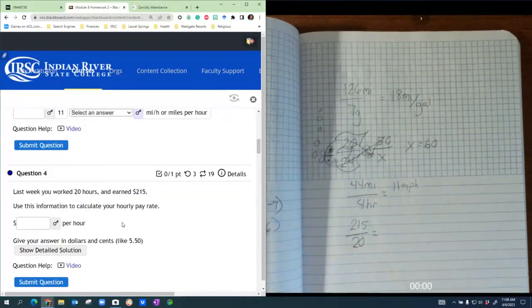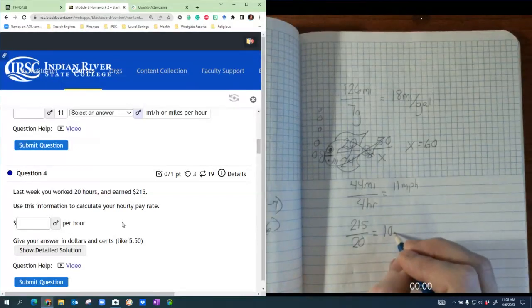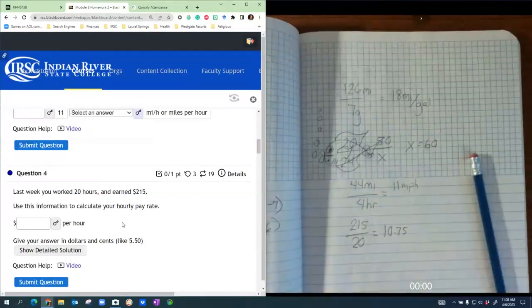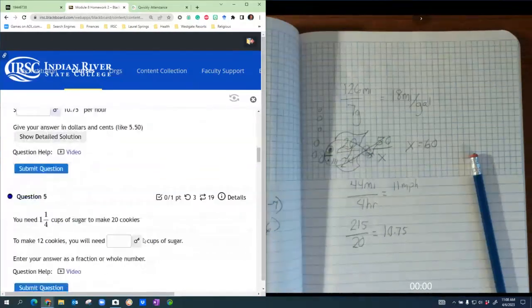We will just take 215 divided by 20, and that would give us $10.75 per hour. Now give your answer in dollars and cents like this. Okay, well, we did. I did at least.